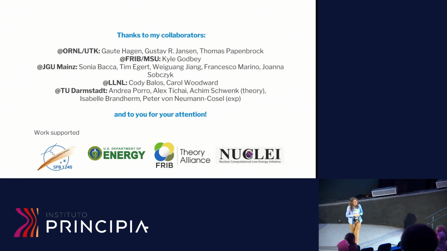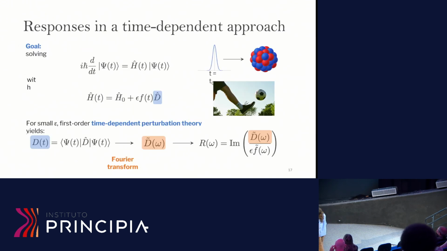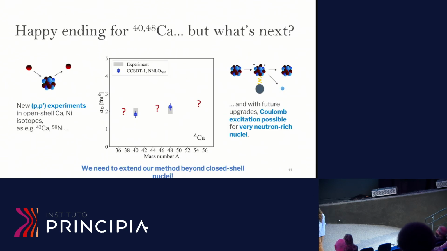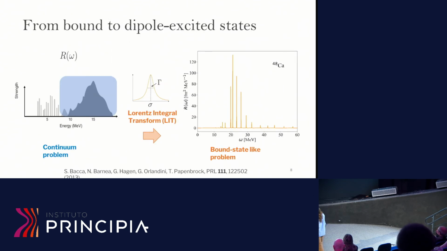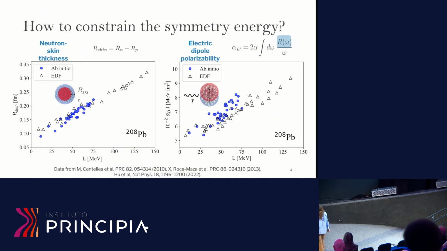Very nice talk. Thank you very much. In the beginning, I think page 4, you showed the correlation between alpha D and J, or L. I had the impression that the left figure has a very good correlation, but on the other hand, the right figure shows rather wide widths, especially if you include ab initio.